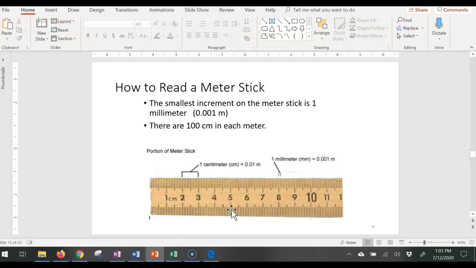So the tiniest divisions here, each one of those is a millimeter, which is 1/1000th of a meter. And the numbers that you see on the meter stick are identifying the centimeters. So every 10 millimeters is 1 centimeter. We're going to record our position to the closest millimeter.